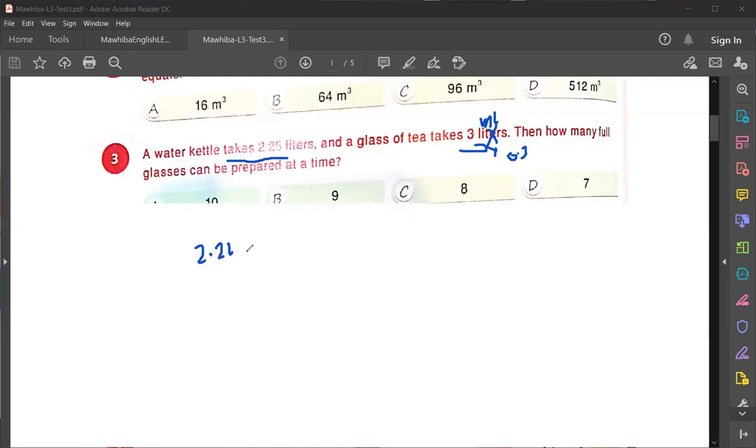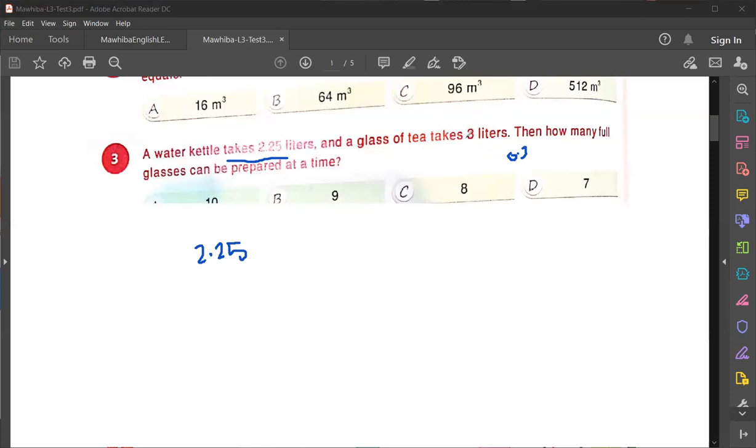I have here the kettle takes 2.25 divided by 0.3. So I solve these problems, right? Okay, I will check the question here. Sorry. Here, not milliliter. We have 0.3, not 3.